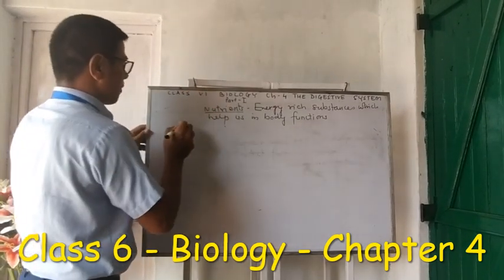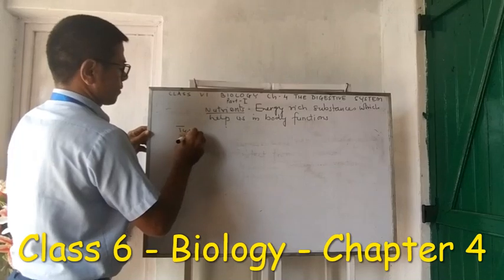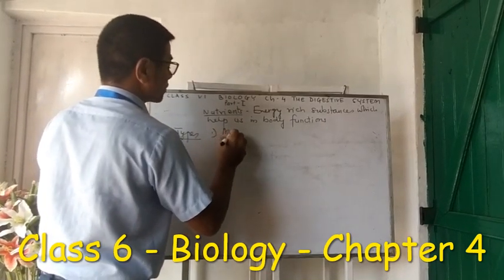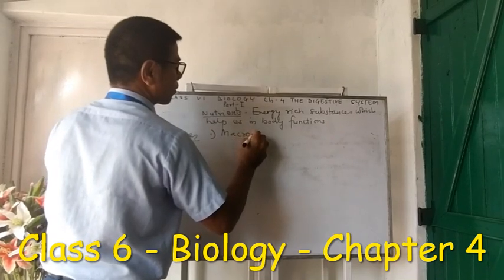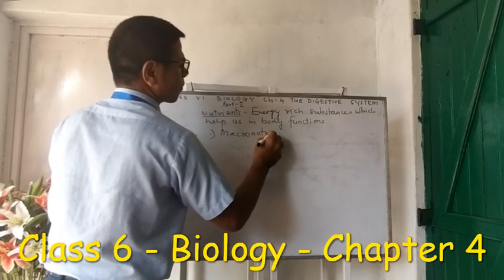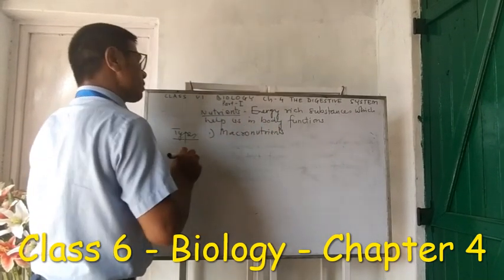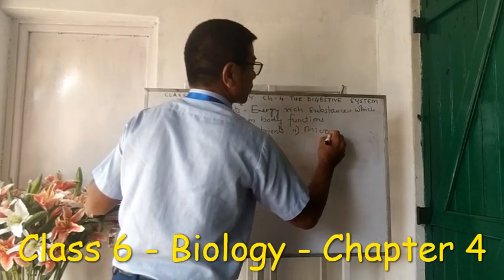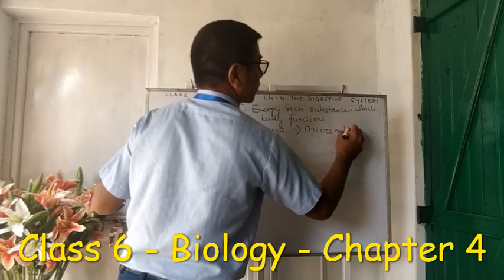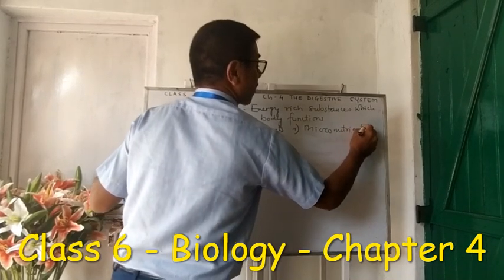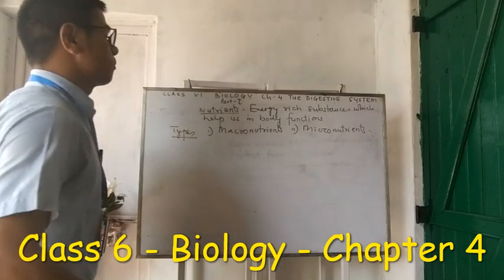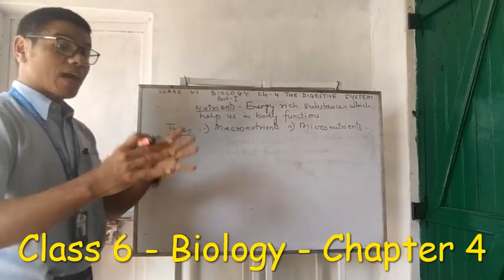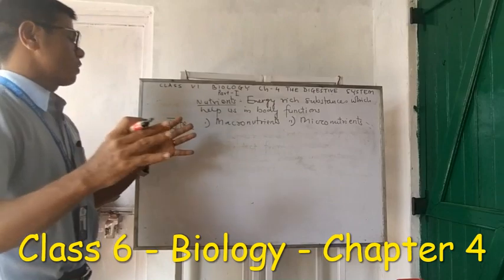Nutrients are of two types. One is macronutrients and the other is micronutrients. Macronutrients means those foods we eat in large amounts or large quantity.